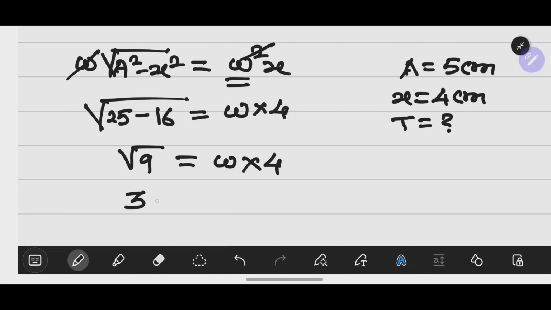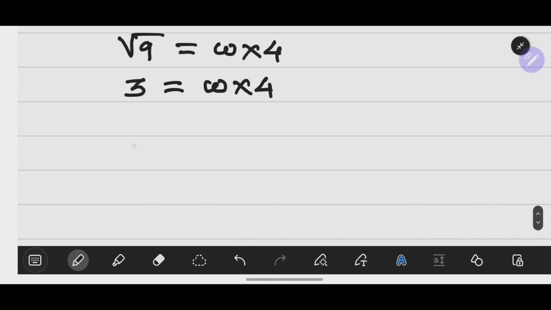Under root of 9 means 3, so 3 is equal to omega into 4.